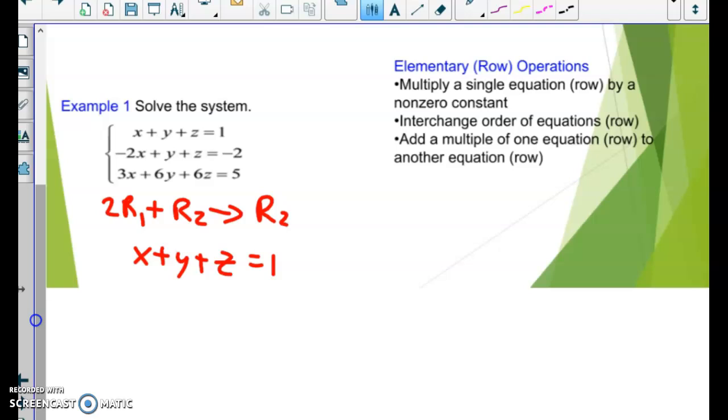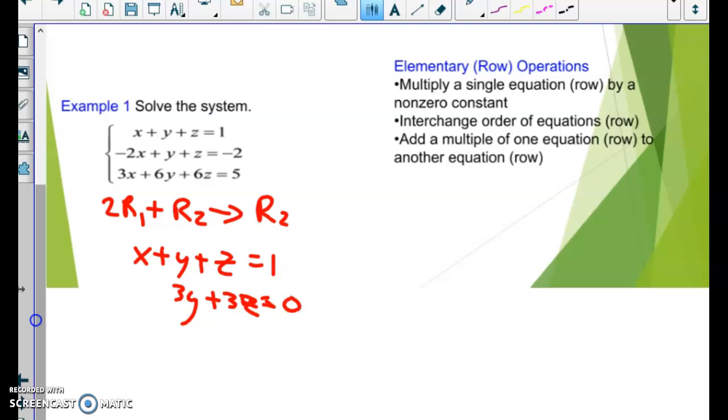When I multiply the top row by 2 and add it to row 2, that means I have 2x minus 2x gives me 0, so that term goes away. I have 2y plus y gives me 3y. 2z plus z gives me 3z, and 2 plus -2 gives me 0.